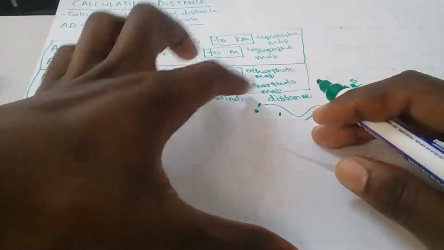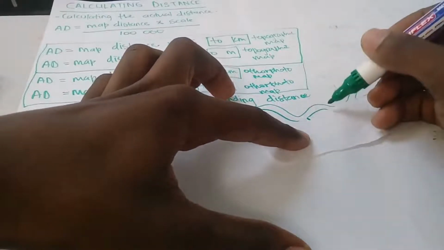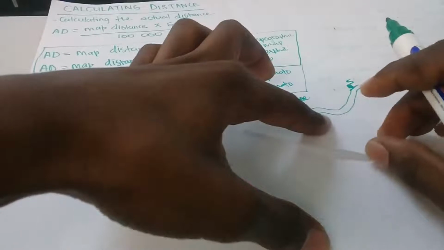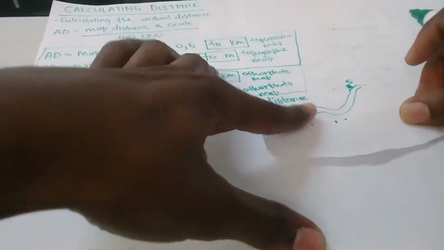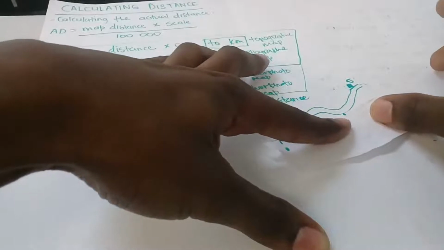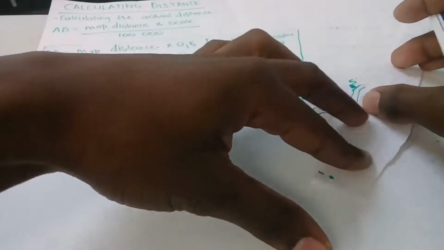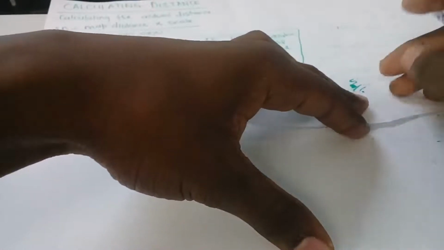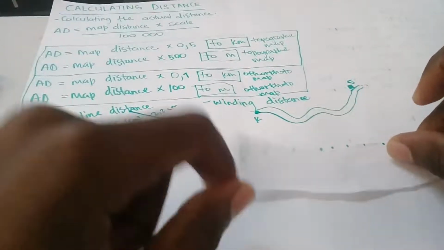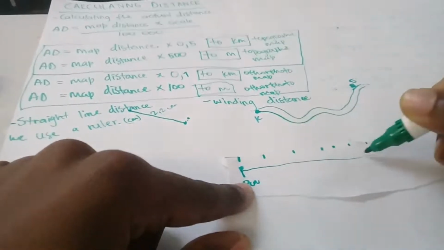You say from here to here, and you turn the paper, and again here, and you turn it again, following the winding distance, until this is the end point. Then you take your ruler and measure from 0 centimeters until the mark found here.